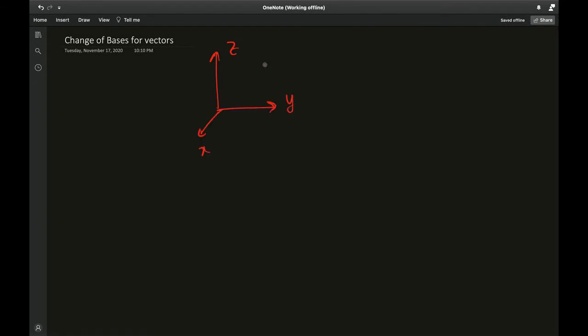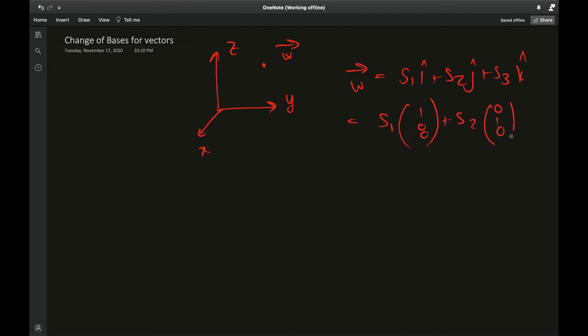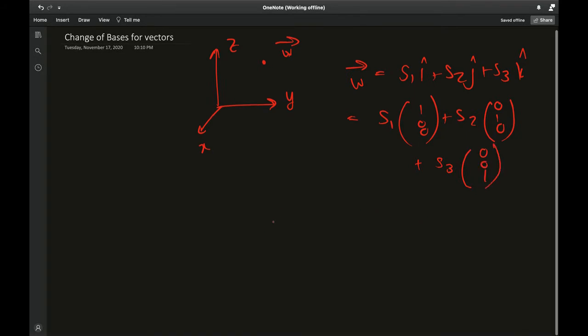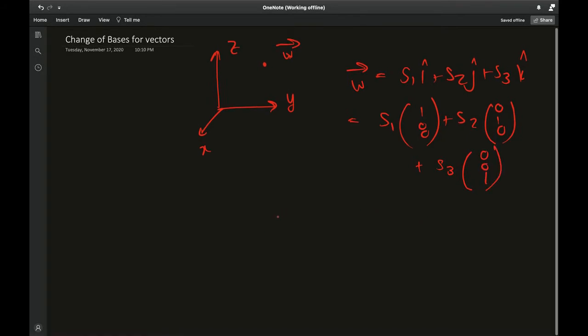Any point, call it W vector, could be denoted as S1 I cap plus S2 J cap plus S3 K cap, where I can write I cap as the column vector 1 0 0, J cap as 0 1 0, and K cap as 0 0 1. Okay, fair enough.